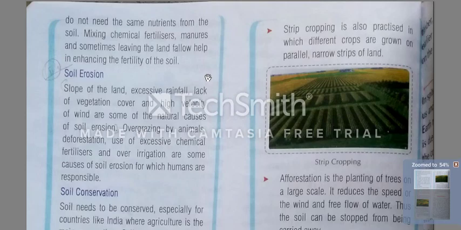Its fertility also goes down. For saving from erosion, there should be proper vegetation. Here, lack of vegetation means there is no proper vegetation that can stop the soil from moving. High velocity of wind means when air moves very fast. These are some natural causes of soil erosion.